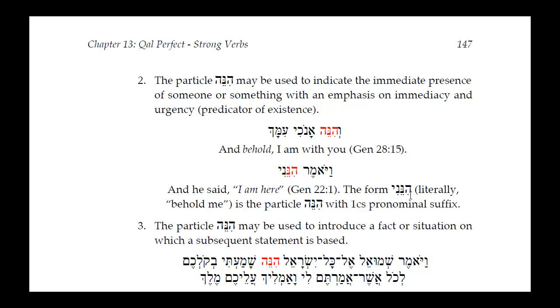The form hineni, literally behold me, is the particle hene with a first common singular pronominal suffix. Behold me, or I am here. The particle hene may also be used to introduce a fact or situation on which a subsequent statement is based.